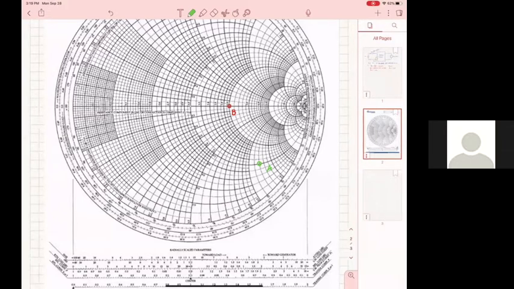If I put a stub immediately, which I would not suggest, then I will have to walk around the resistive part equal to circle away from where the point B. And then I move until I find the constant VSWR circle that goes away. Is that clear, or was it confusing?